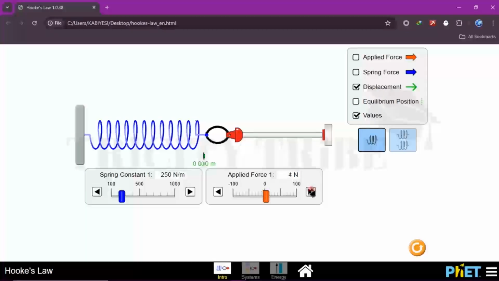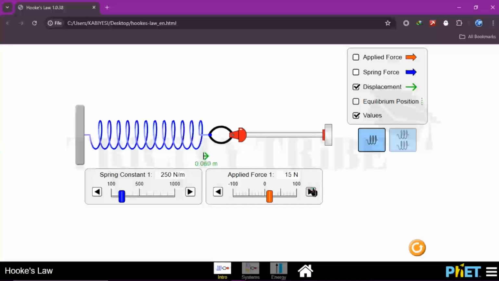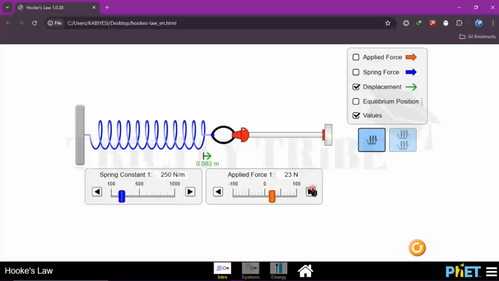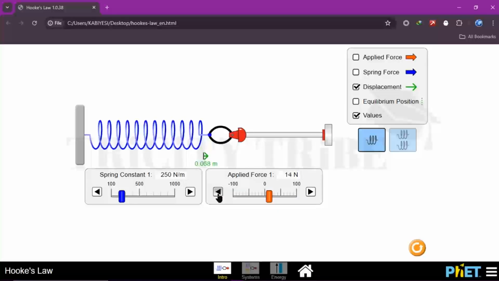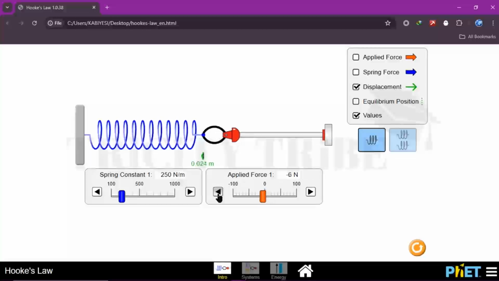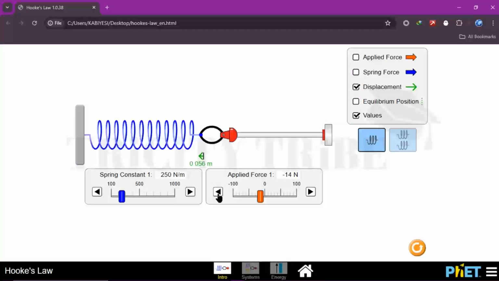Let's check for the values, a force and a compression. Let's check for a compression of 0.2.